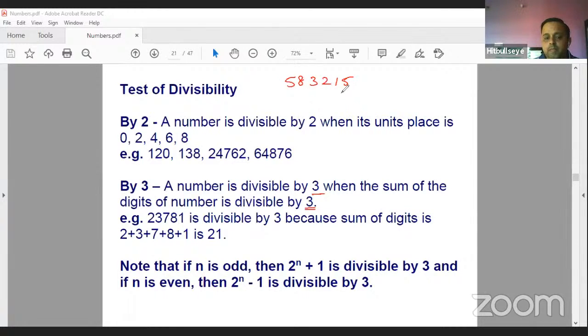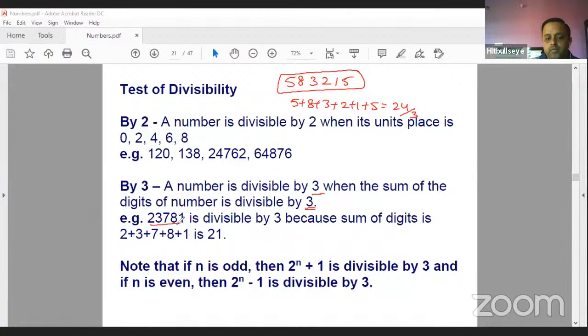In this number we need to check whether this number is divisible by 3 or not. Just add the digits here. 5 plus 8 plus 3 plus 2 plus 1 plus 5. The sum becomes 13 plus 3 is 16, 18, 19 plus 5 is 24. Sum is 24. Now 24 is divisible by 3.